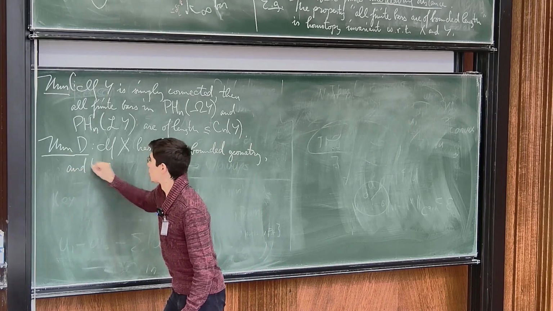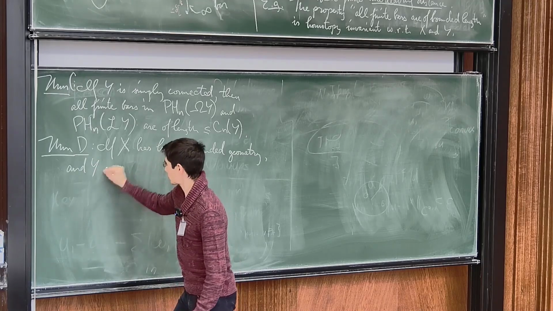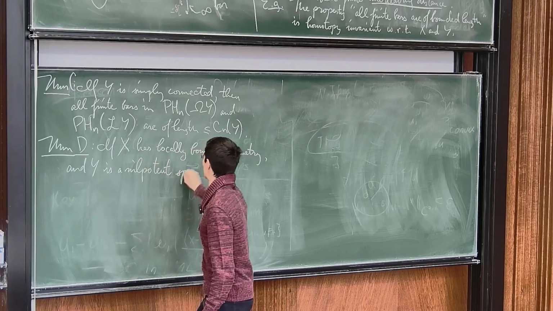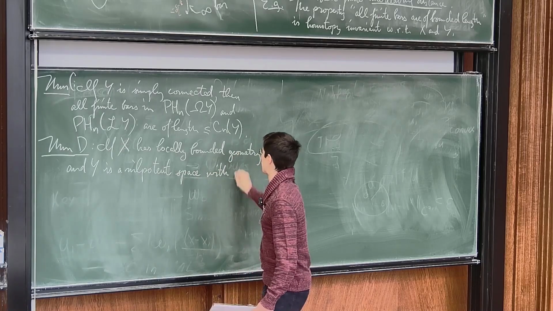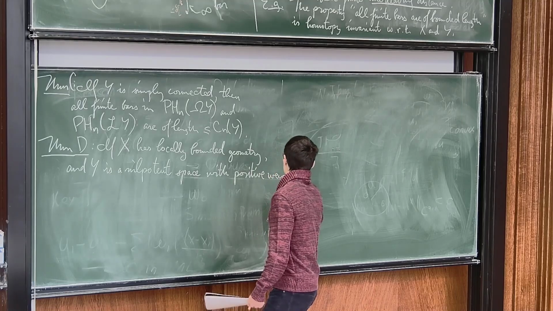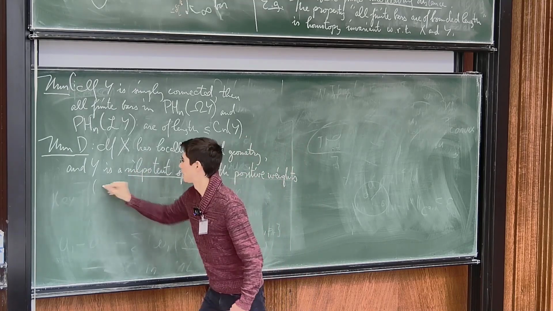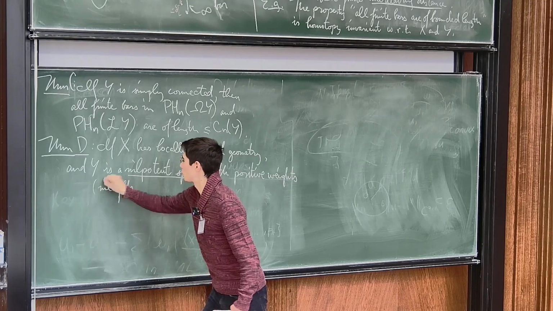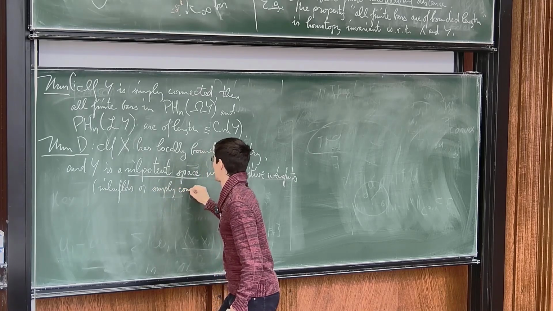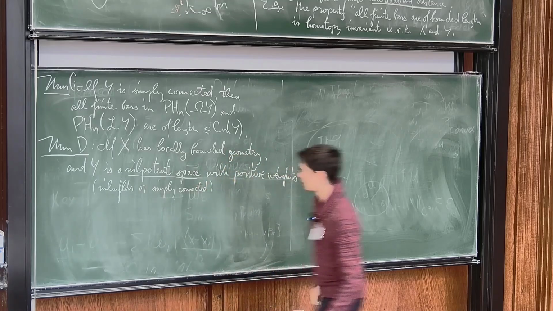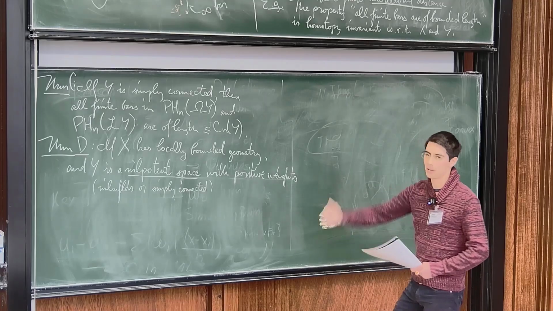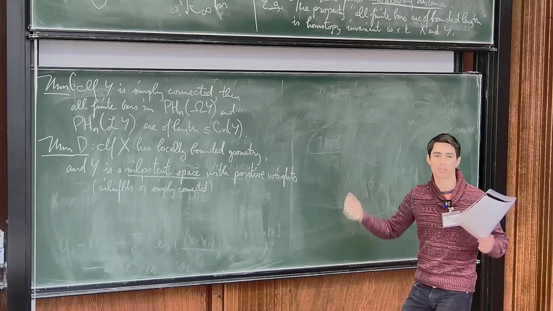And Y is a nilpotent space with positive weights. So nilpotent space, you can think of nil manifolds or simply connected spaces. And the actual definition is slightly more general, but the other ones that are not in those two classes don't seem to show up very often.